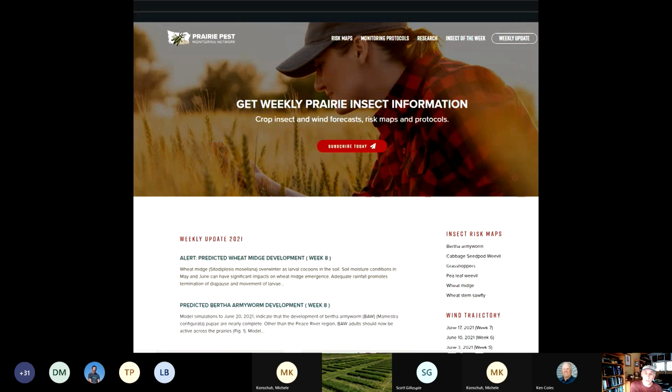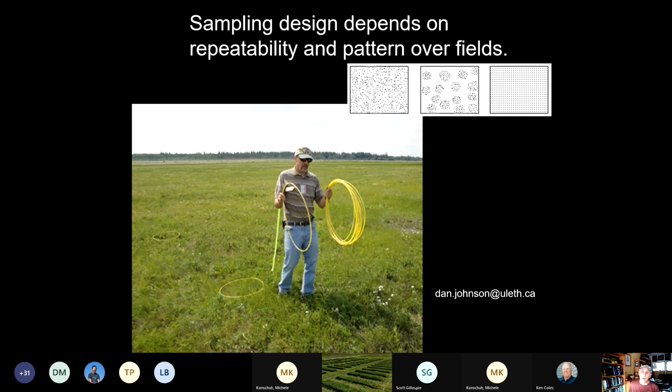And this is a screenshot of the Prairie Pest Monitoring Network that tries to give some latest information on a long list of pests: Bertha armyworm, pea leaf weevil. They have extensive wheat midge surveys now. Some of it has to be taken with a grain of salt, like forecasting species based on air temperature doesn't always work, but it's a very good starting point for any analysis.